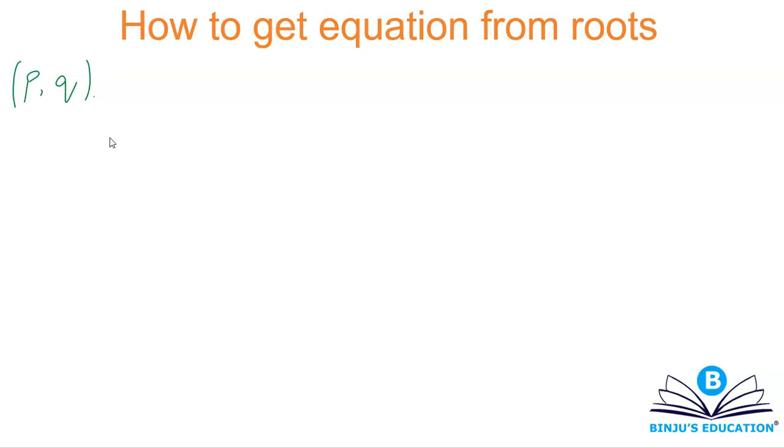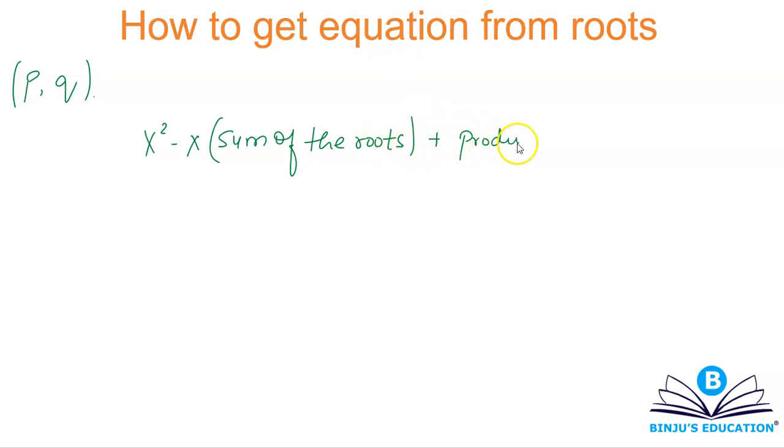What will be the quadratic equation? So how would you do that? If the values of the two roots are given to you and you are asked to calculate the equation, then the formula is x square minus x into sum of the roots plus product of the roots.